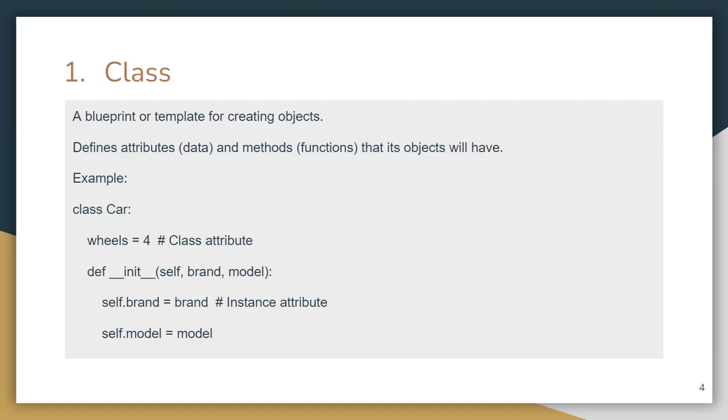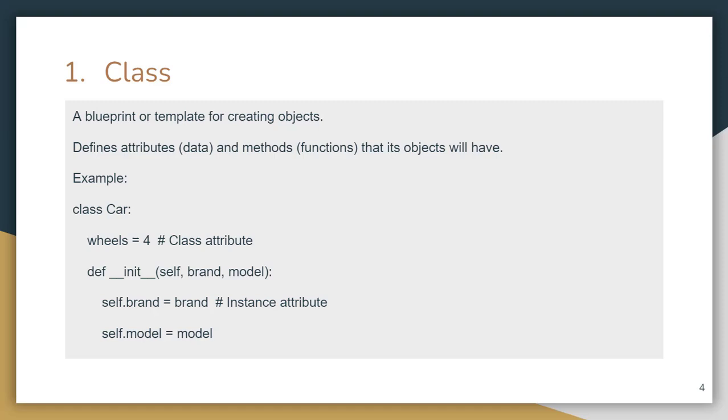Say class Car is a class. wheels equals 4, that is, this car has 4 wheels. This is a class attribute or class property. Inside the class, here we declare a function with def. Def is short for definition, and inside it the function is __init__.